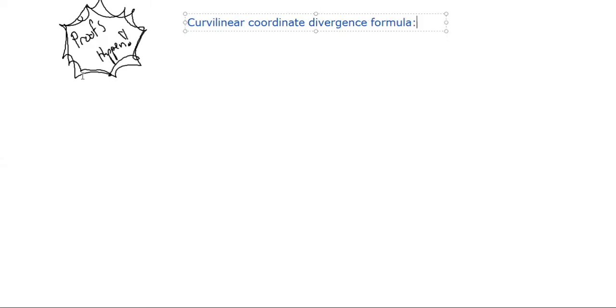And it looks like this. I've got a vector field. It's expressed in some curvilinear coordinate system. Out front, I have the determinant of the Jacobian.